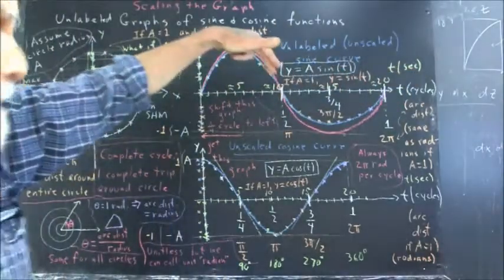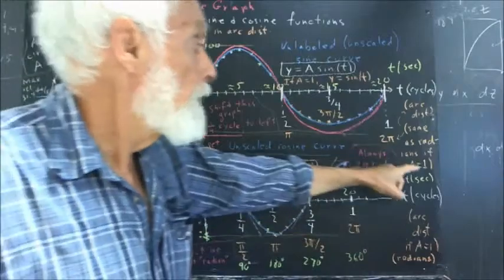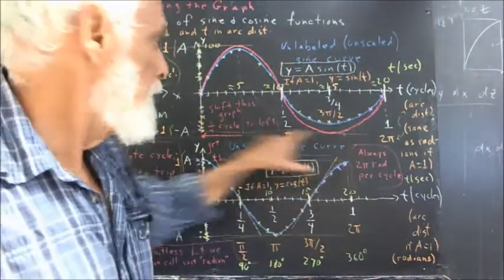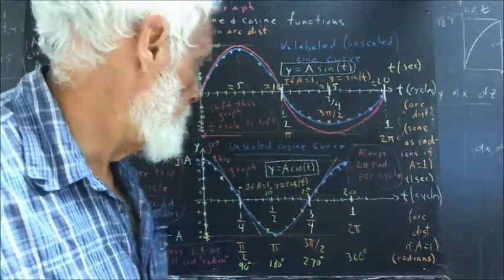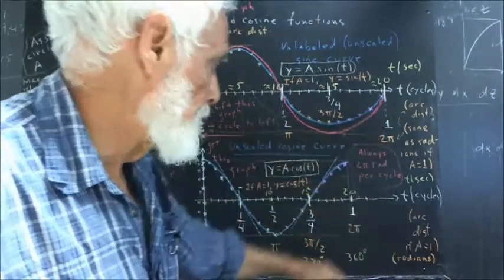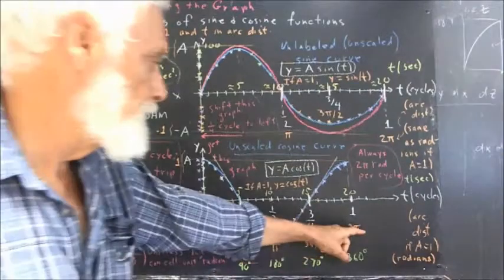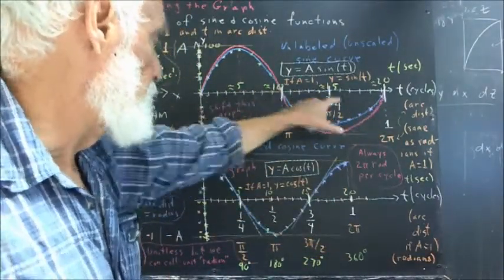The arc distance then for a complete cycle is 2 pi if the circle has radius 1, which is our assumption. So now I'm labeling the t-axis from 0 to 2 pi here and also here, so that one cycle corresponds to 2 pi. And of course I can subdivide one cycle into a half cycle or into quarter cycles.